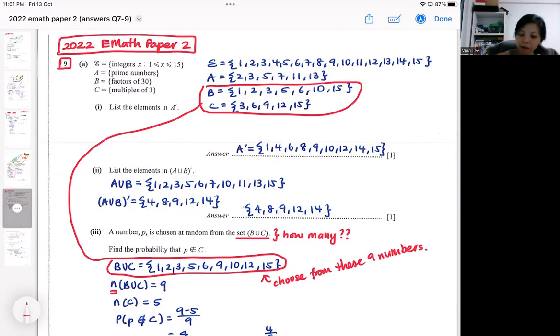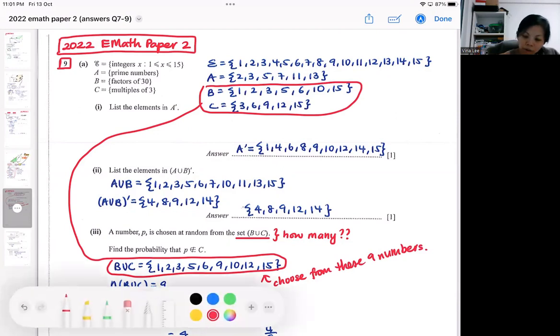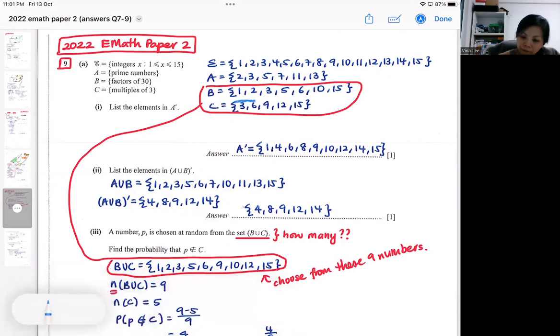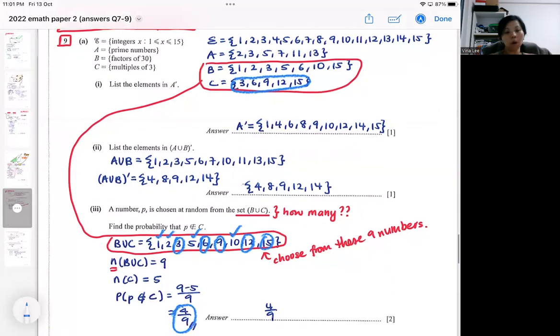C has 5 elements: 3, 6, 9, 12, 15. So these belong to C. So the ones that don't belong to C will be those other 4 elements. That's why it's 4/9. Okay, so this part is still pretty easy unless you forgot the symbol.